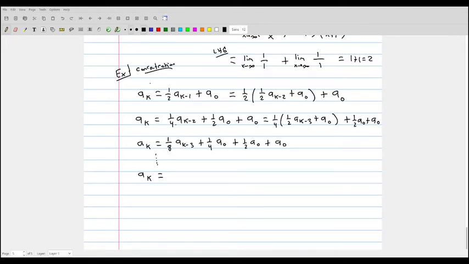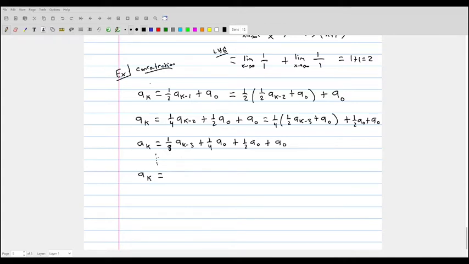Right, this right here is 1/4, which is the same thing as 1/2 squared. This 1/2 is the same thing as 1/2 to the 1. And then the coefficient of a_0 in the last term is the same thing as 1/2 to the 0.